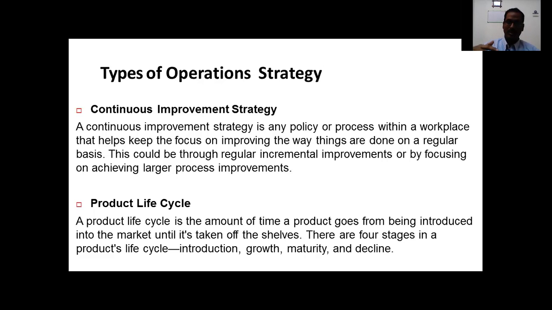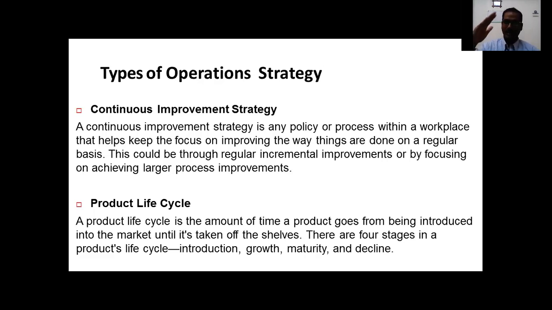That's the introduction stage. Then it will gradually grow. During this growth time, they have to do aggressive promotions and advertisements. Once it has started growing, they gradually reduce them. After that, it reaches maturity, where the sales will be very steady.